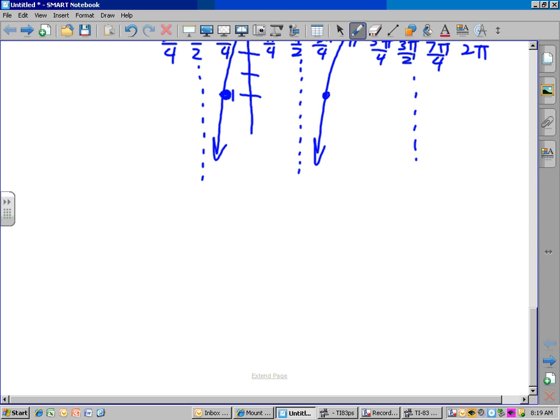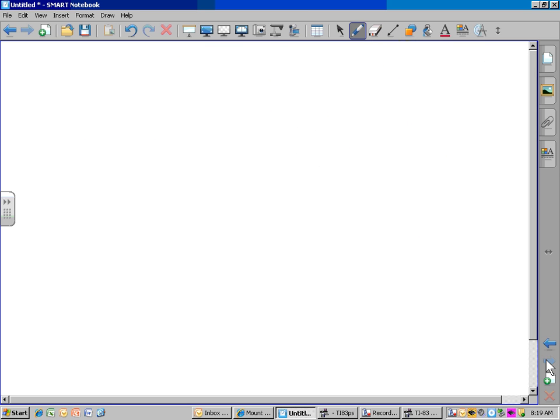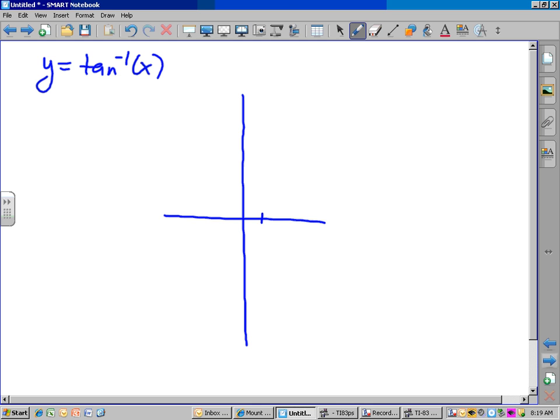Okay, guys, I ran out of space here. We go to the next page. Y equals the inverse tan of x. Again, we want to go on negative.